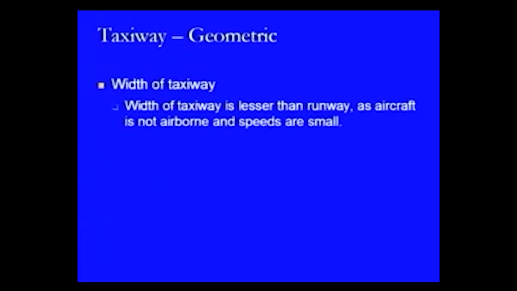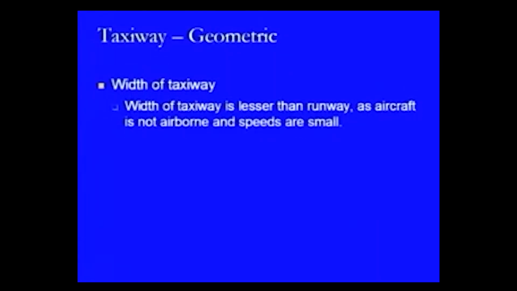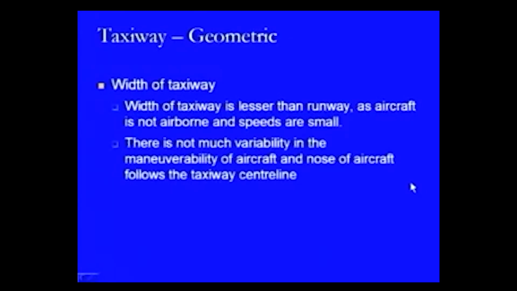Therefore, we can control the movement of the aircraft as compared to the movement on the runway, because with a small change in the controlling feature of the aircraft when it is coming on the runway and moving at a higher speed, it may be a disastrous condition, whereas in the case of the taxiway, because the speeds are very less, the steering of the aircraft will not create any big effect in case the width of the taxiway is provided lower.